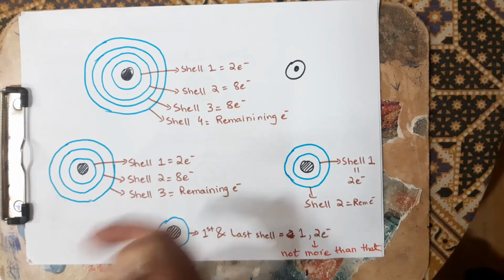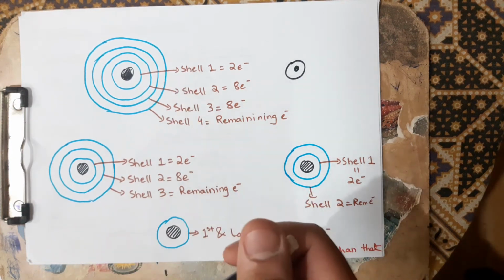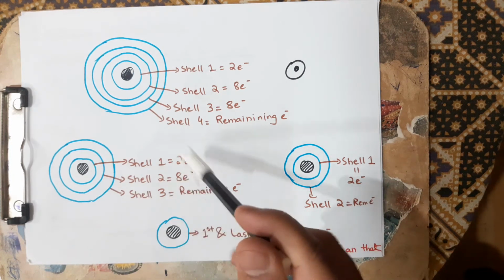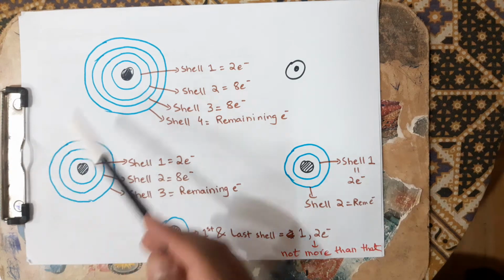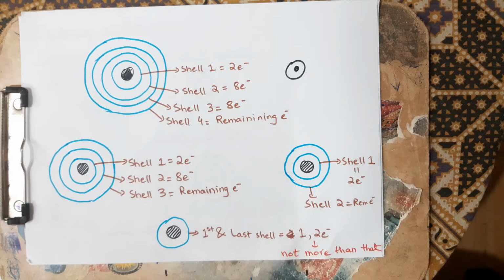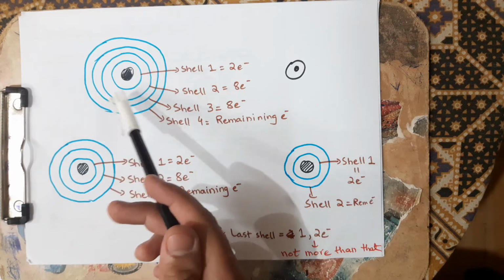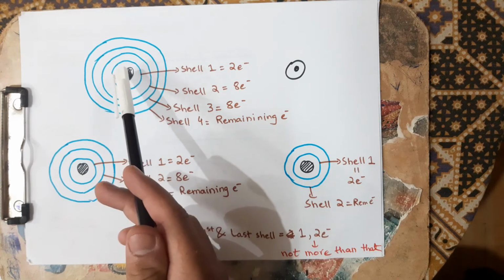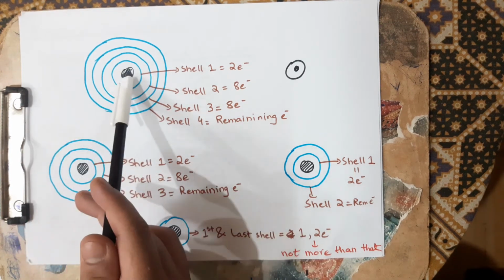Mostly in your exam, the questions which you get are to draw the structure of an atom. You mostly get to draw the structure of an atom of an element which has 4 shells.